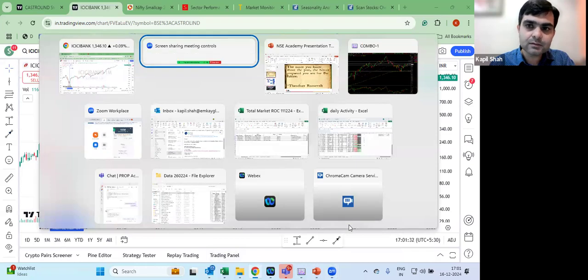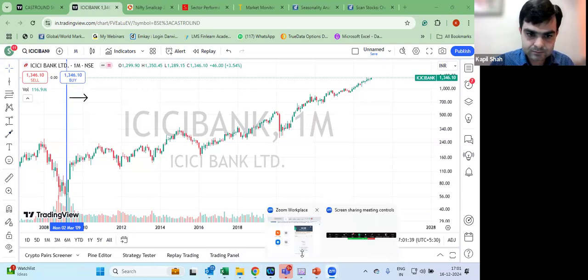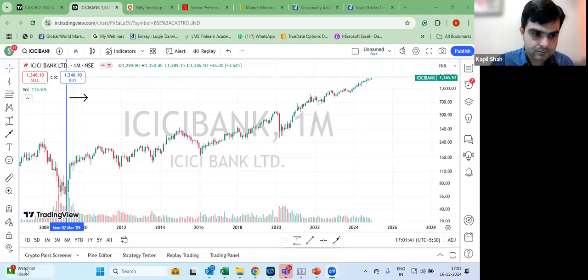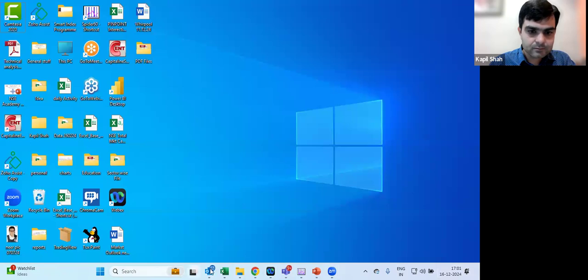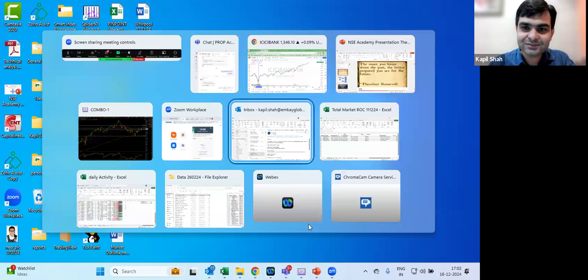Just a moment. This is a ICICI Bank chart, monthly chart. Just a moment. I'm just trying to figure out my chat box, where the chat box go on.